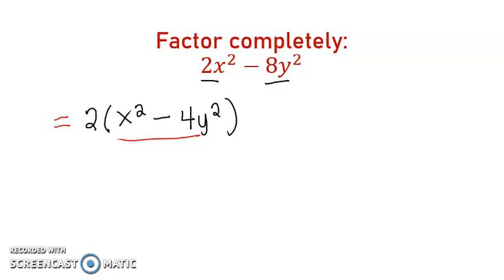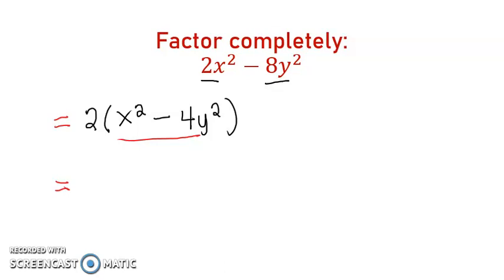Meaning, x squared minus 4y squared is still factorable because this is an example of difference of two squares. Now remember, difference of two squares has two factors, which are the sum and difference of two terms. So we will copy 2.